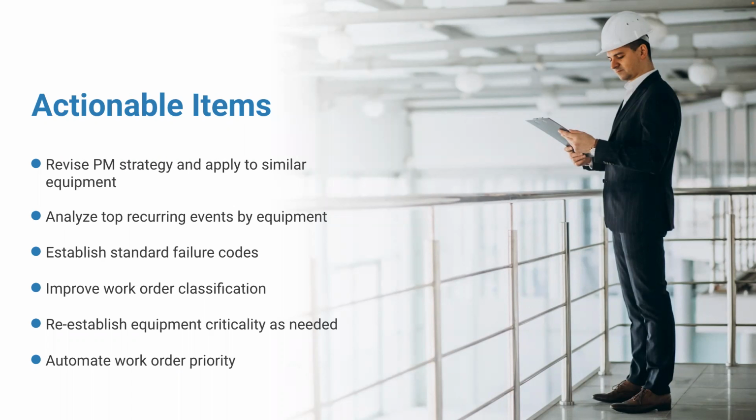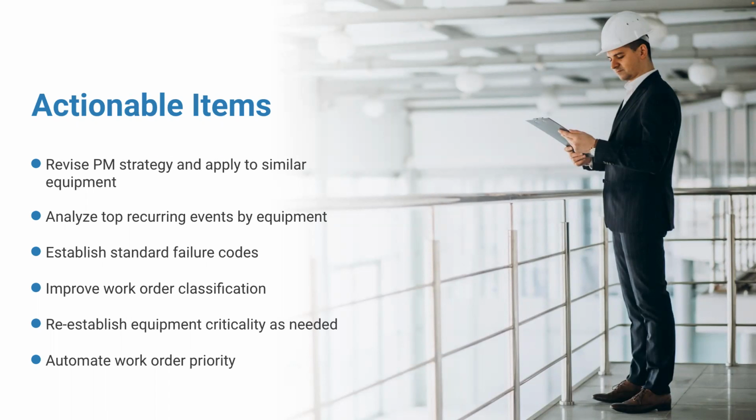With that, we can analyze top recurring events, either by equipment or equipment class, right? You can have within one class, such as the pump we saw, 10, 20 pieces of equipment related to it, so we can address them all at once within one PM strategy, okay?